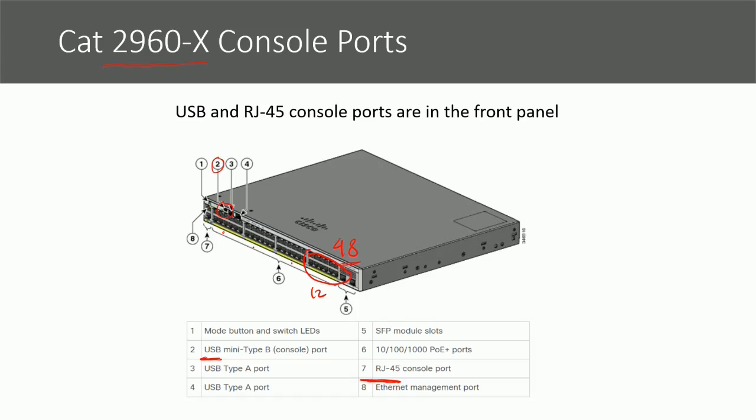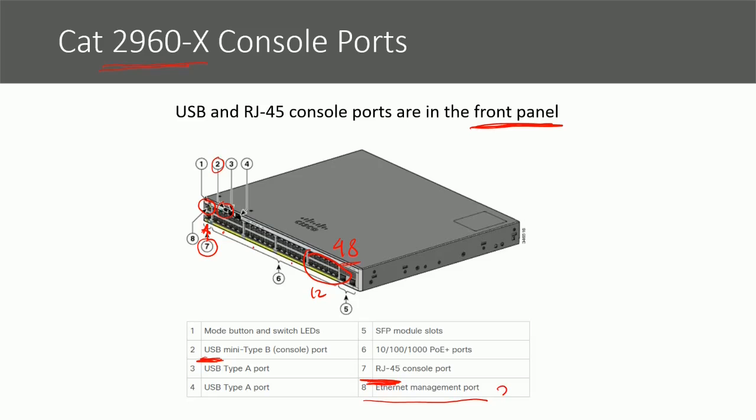For this 2960 switch, we have both console ports, USB port and RJ45 port, in the front panel of this switch, which makes it easy in many cases to access both console ports from the front panel of the switch. In the front panel also, you can find out-of-band management, which is the Ethernet management port.